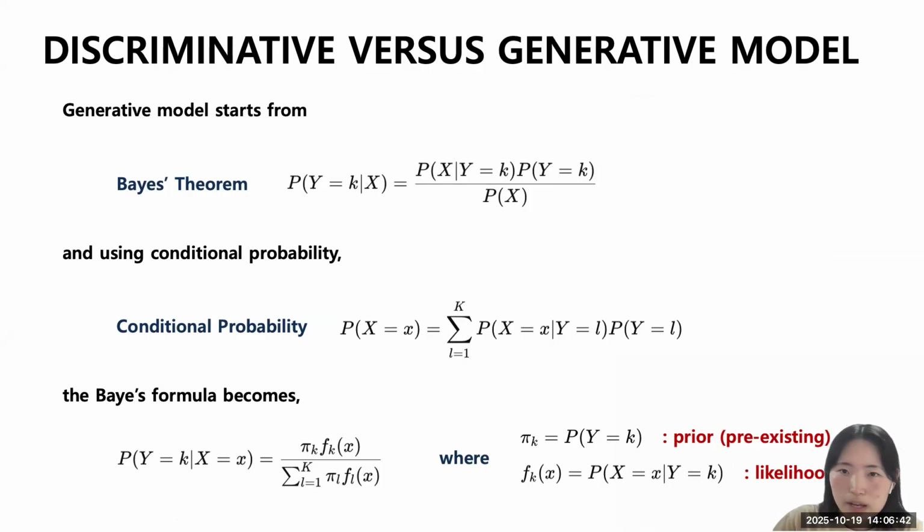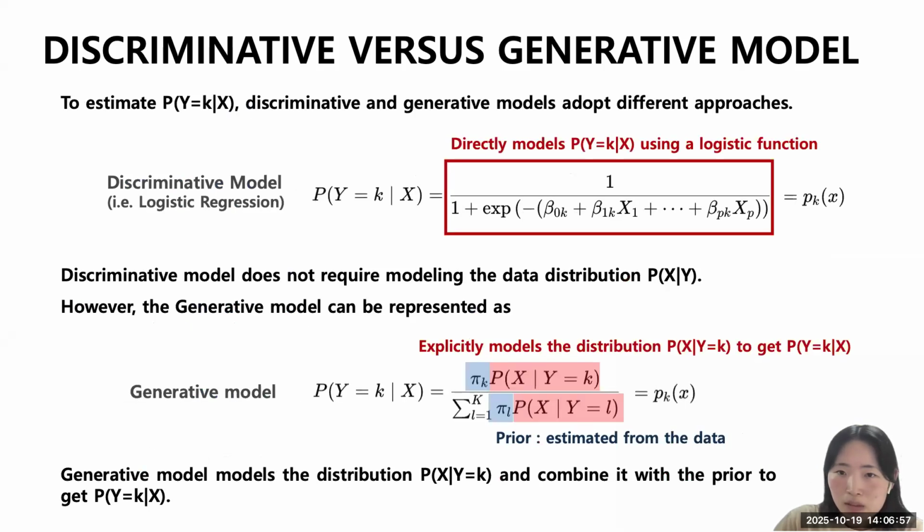Generative model starts from Bayes' theorem and models how the data are generated for each class. If we put the conditional probability equation into the original form of Bayes' theorem, we can compute the posterior probability used for classification. Both discriminative and generative models estimate the posterior probability, but they take different paths.